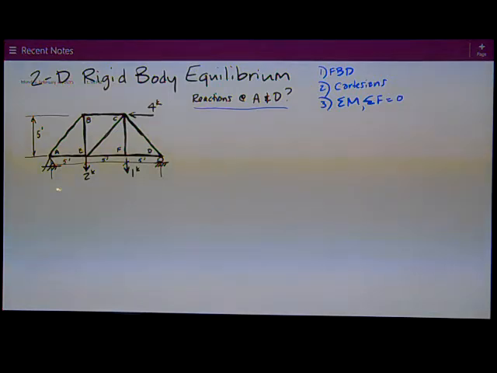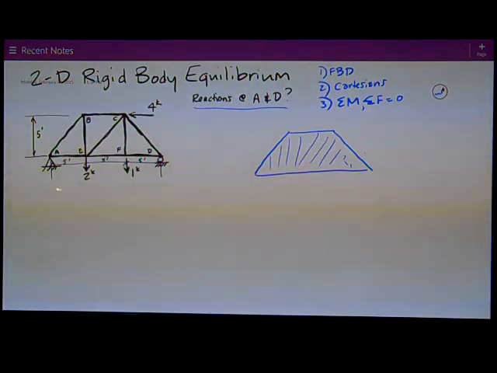So the first step is to draw a free body diagram. And so I just want to look at this thing as a big trapezoid that looks something like this, and ignore all these bars going on in here. Just treat it as a trapezoidal shaped rigid body and put the forces on it, solve for the reactions.